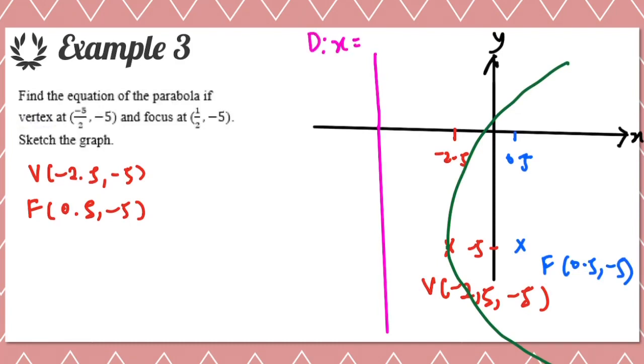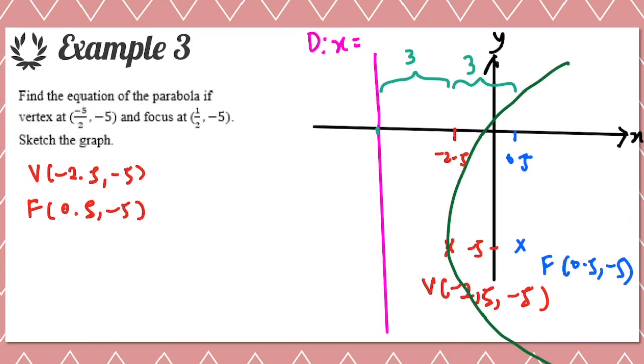So you have the directrix line here with the line x equal to, so let's see what our a is. The distance between your vertex and focus is equal to 3.